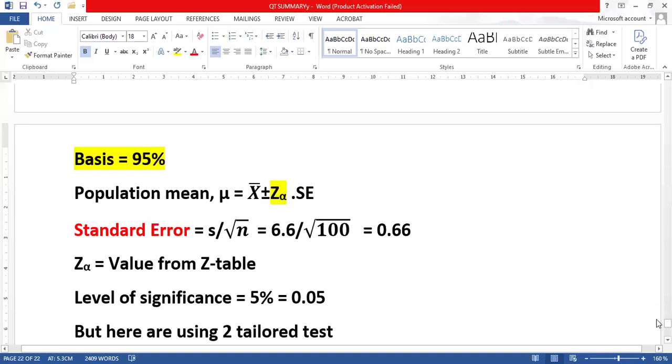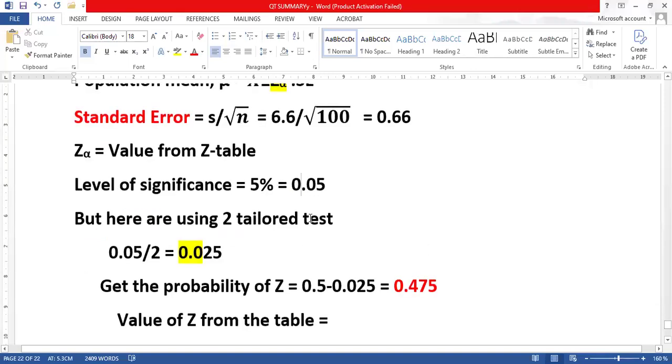So after that, because you'll be using a two-tailed test, you get this figure divided by 2. You get this, isn't it? Yes. So we get that 0.5 minus what you have here. So we have 0.475.